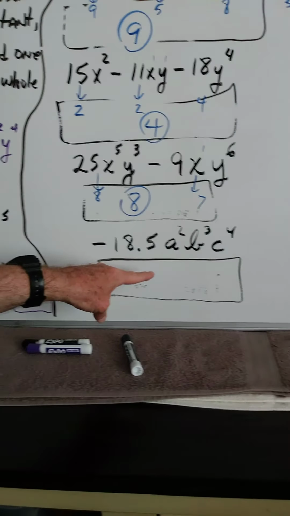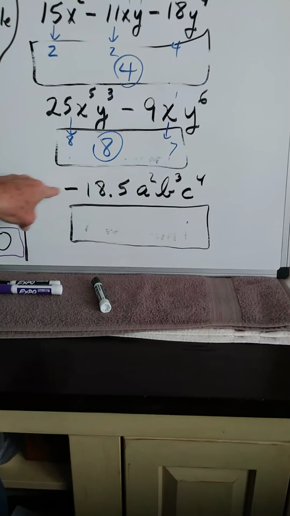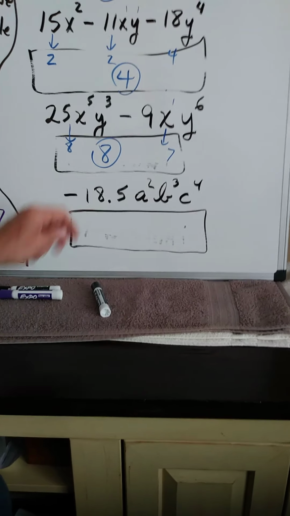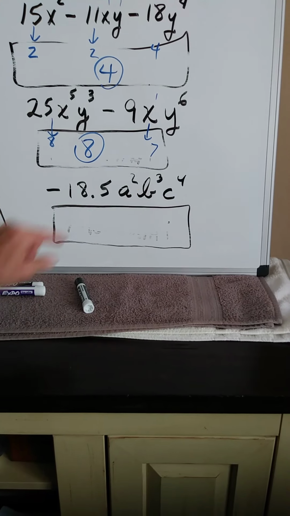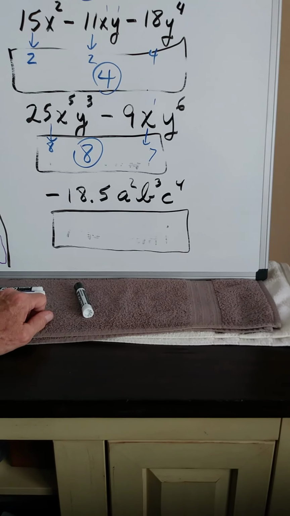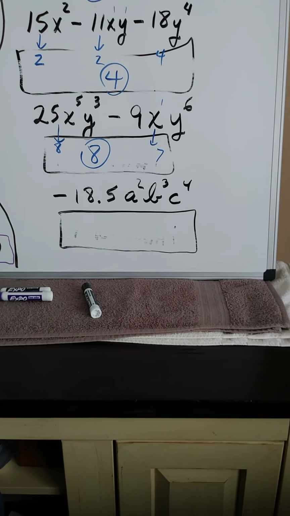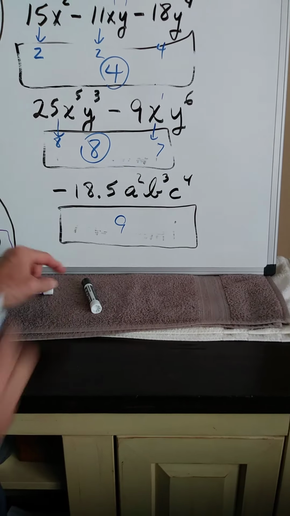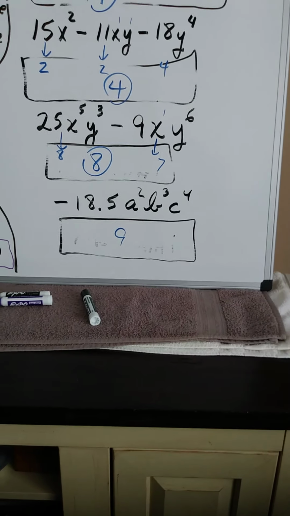And I'll go ahead and speak to this one. This is a monomial. So when we identify the degree of this monomial, it doesn't have any more terms to it. It's just a monomial, so we just simply add the exponents on the variables only, just like we did over here. 2 plus 3 is 5, and 5 and 4 is 9, and 9 would be the degree of that monomial.